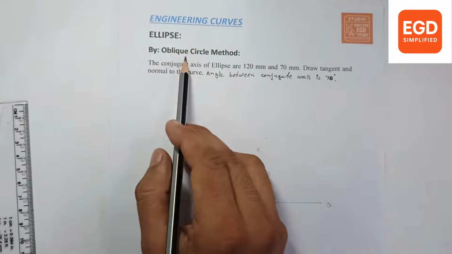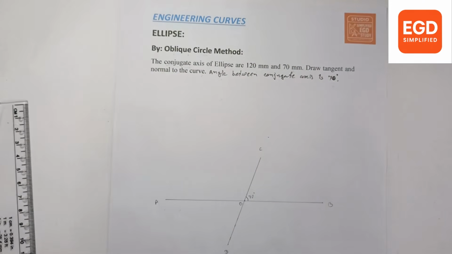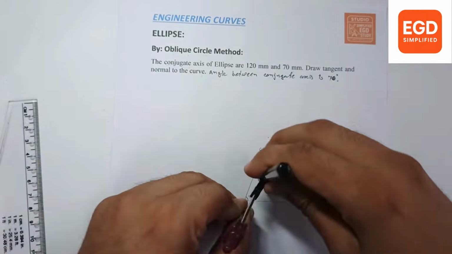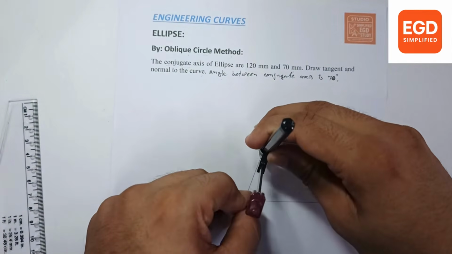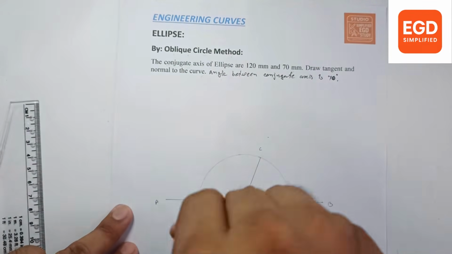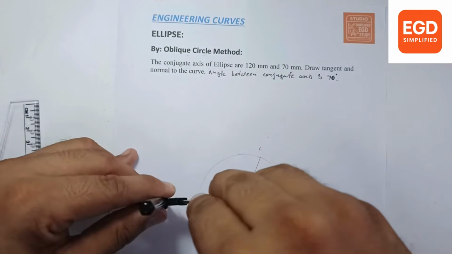Now the oblique circle method is this. There is a circle in the name, so we have to plot two circles. Okay.